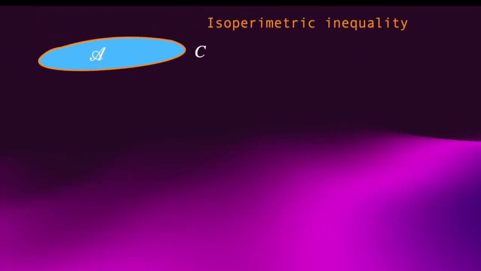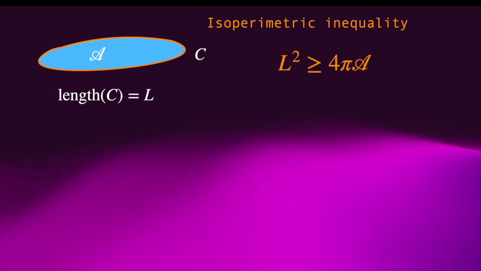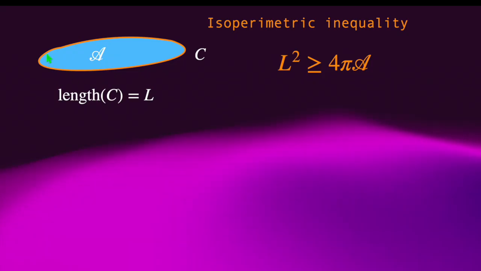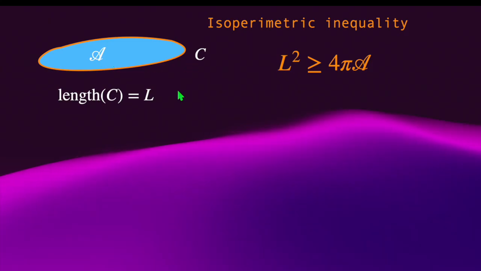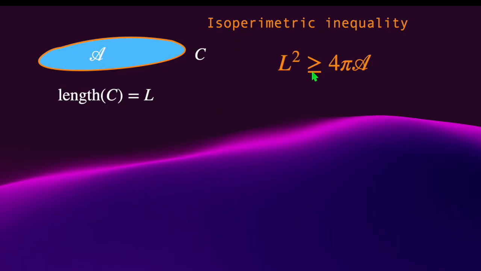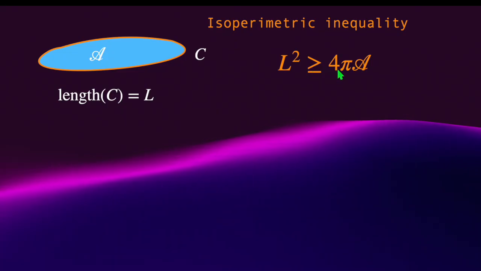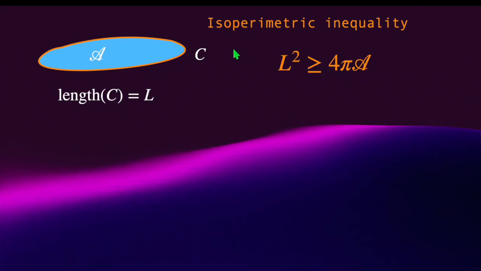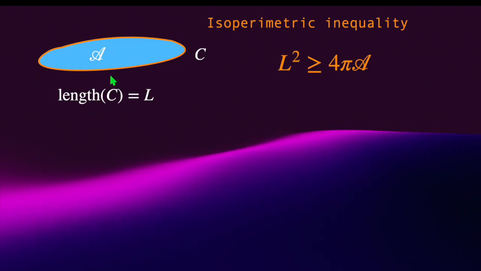So we have now the isoperimetric inequality. We take a curve of length L, and we will prove that L squared is bigger than or equal to 4 pi times the area enclosed in the curve.